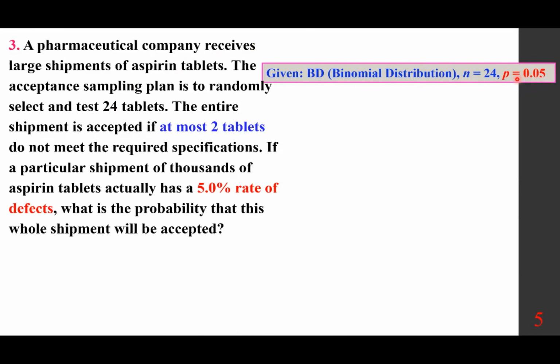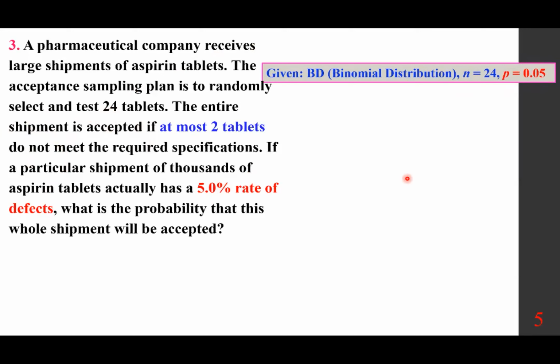P is called the probability of success. It doesn't necessarily mean something that is positive, but the terminology is that p represents the probability of success. In this case, the probability of defect, which is 5% or 0.05. That's the idea, and I hope everybody's comfortable with the concept.